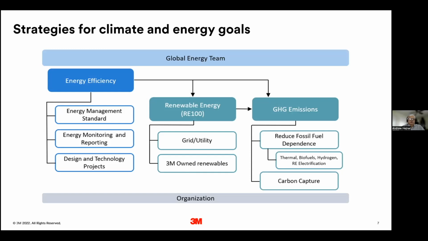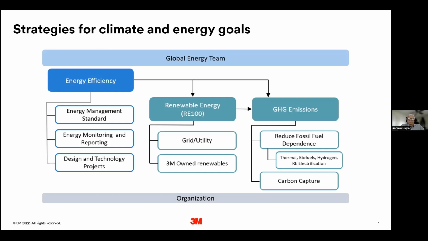For renewables, we have a couple of choices. Grid and utility, of course, is one of them. So we seek renewable energy, electricity being already available on our grids and by our utilities. We also have our own generation on site, solar generation, that is. We don't have any wind or anything else yet.